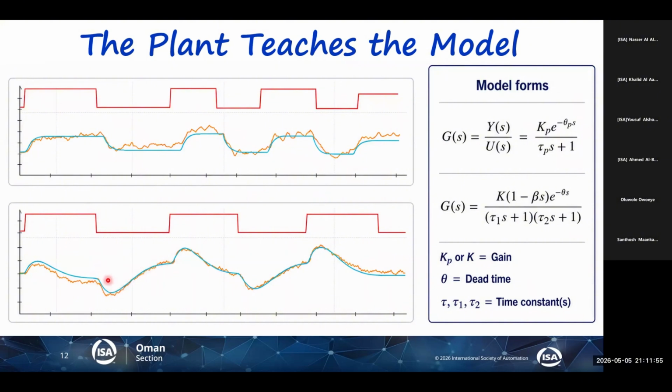This one here can be estimated with two first order models. So the first one with a positive gain, as you see, going down, and the CV also goes down. So positive gain, smaller dead time.